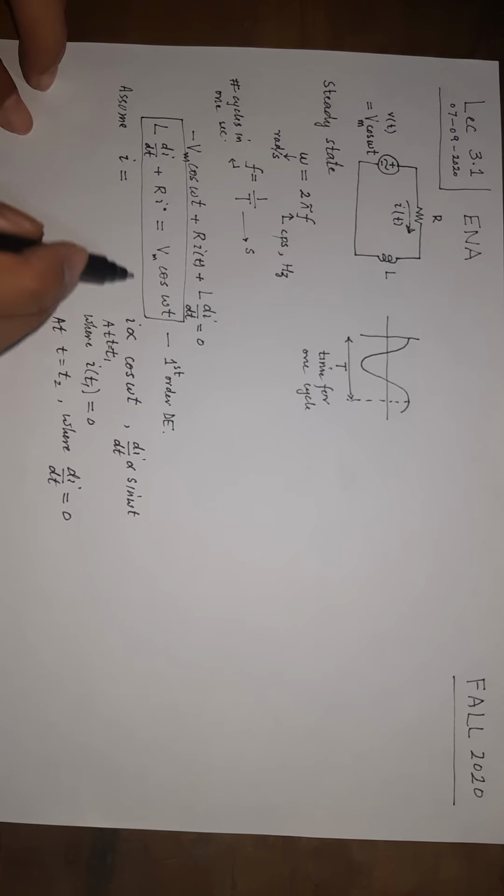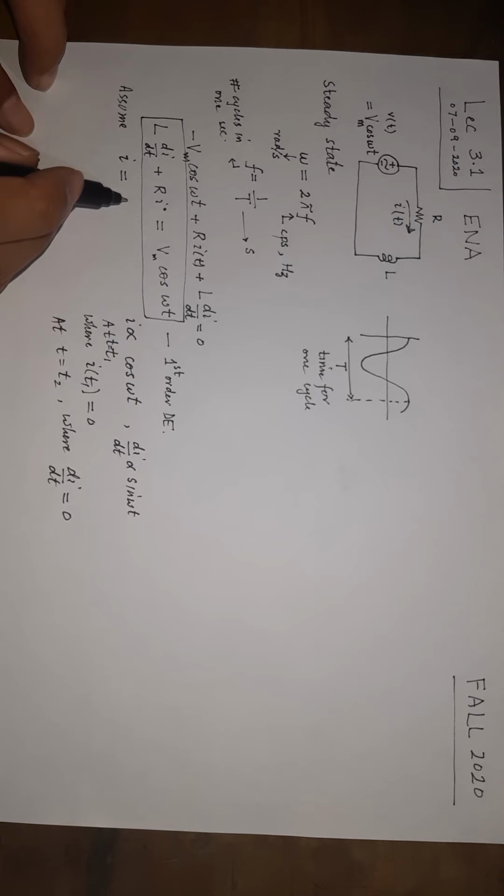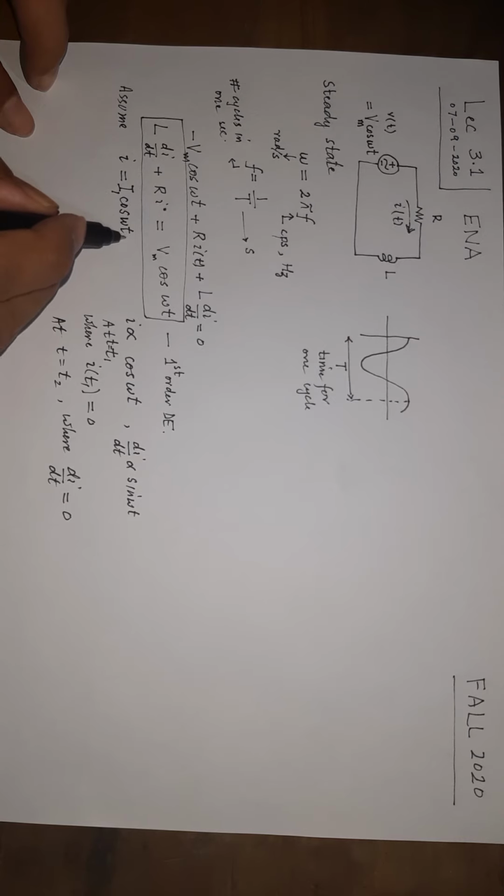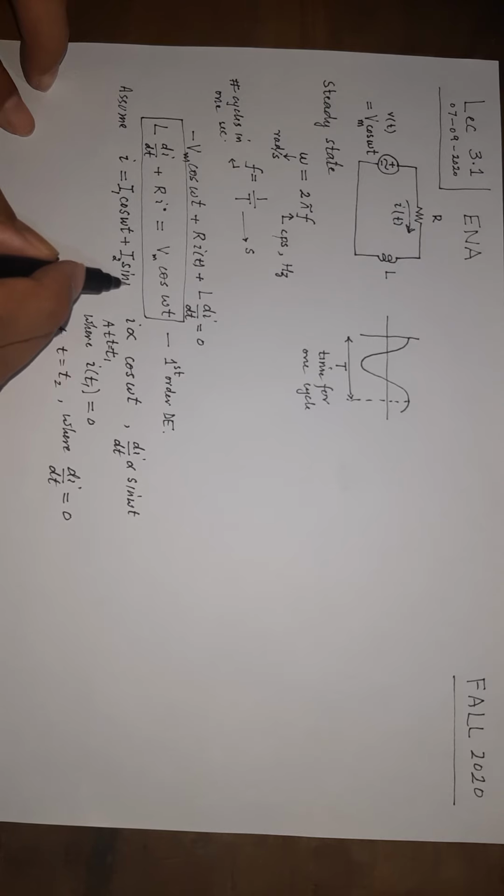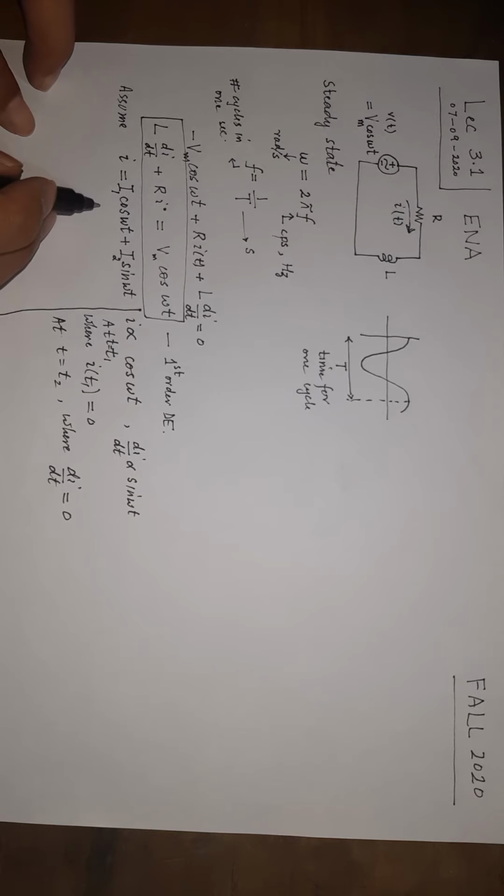So let us, therefore, because of this argument, generalize this and say I is a sum of two sinusoids. There is a cos omega t term as well as a sine omega t term. So instead of assuming one thing, we have assumed both of the things and taken the sum of that.